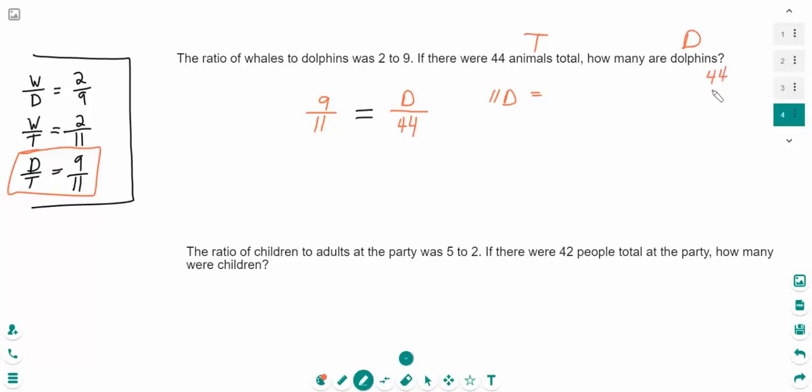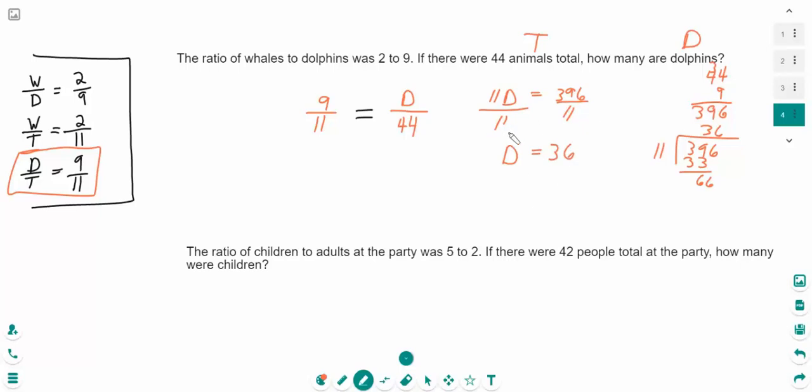Well, let's do that off to the side here. 36, 39, 396. Oh, my. All right. Now we can divide both sides by 11. And we get D is equal to 396 divided by 11, which is 36.